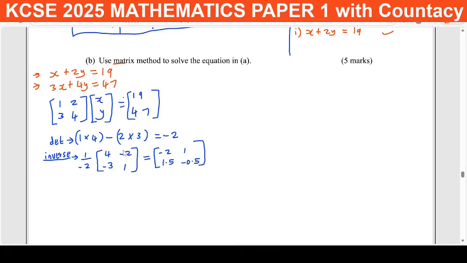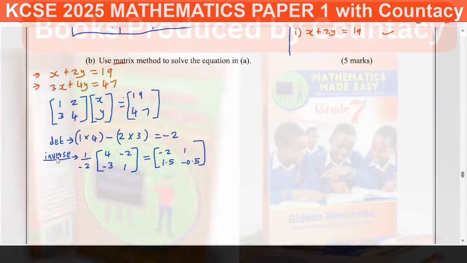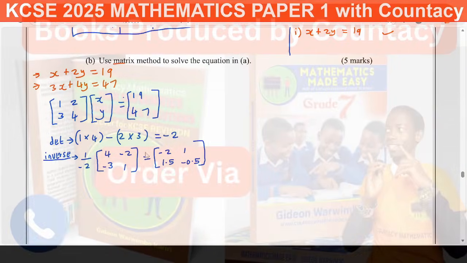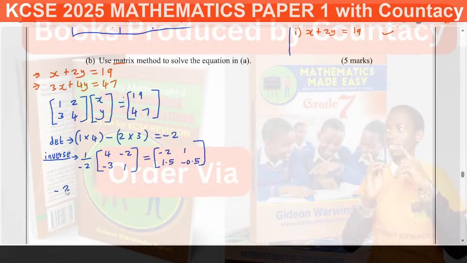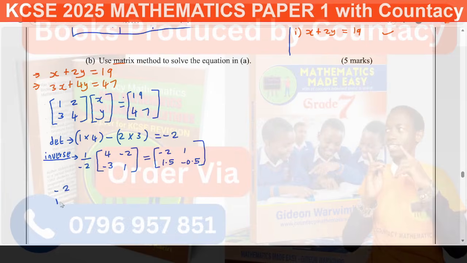So once we get the inverse, notice that this was our step 1, and then we find the determinant, we find the inverse of that matrix, and then finally we take this inverse that we got, and we just write it here: negative 2, 1.5.